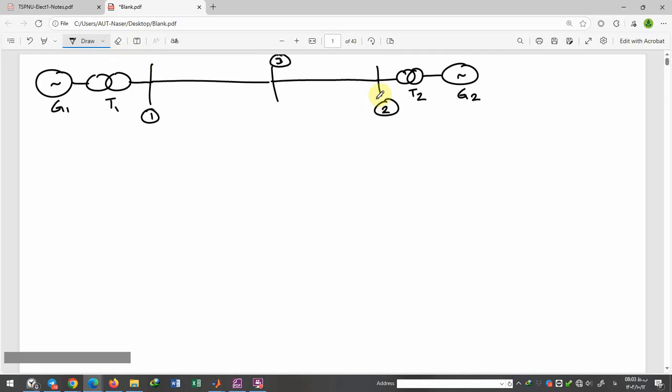And we have two loads here: half per unit as active power plus j half per unit as reactive power. A load is connected to bus 1, 1 per unit plus j half per unit as active and reactive power.